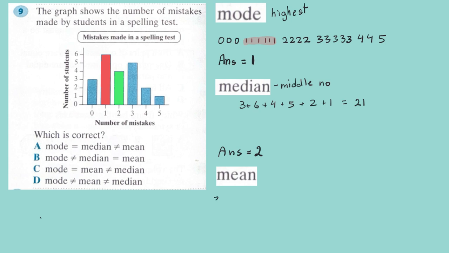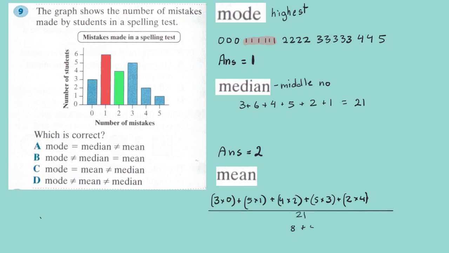So it would be that there were 3 zeros, and then we're going to add 6 ones, and then we're going to add 4 twos, and then we're going to add 5 threes, and then we're going to add 2 fours plus a 5. And this will be divided by 21 because there were 21 numbers.